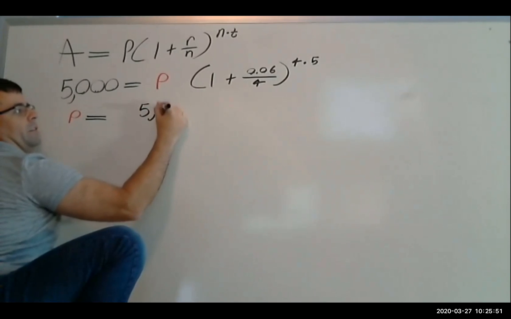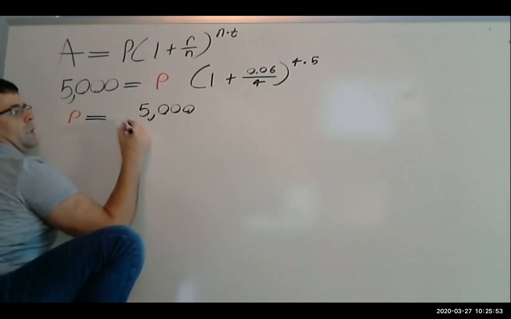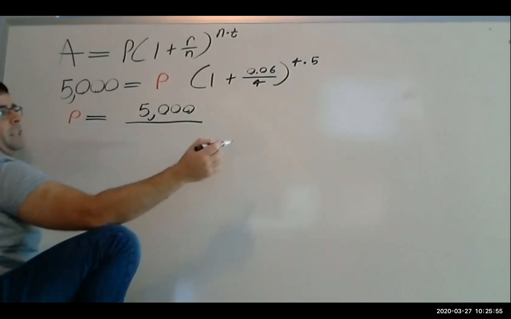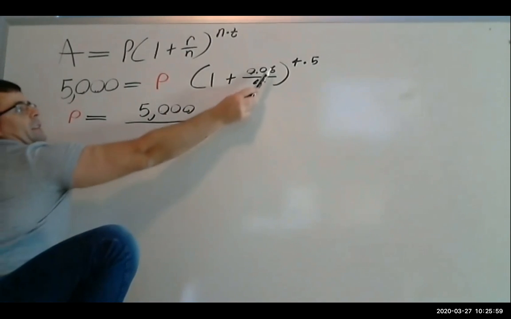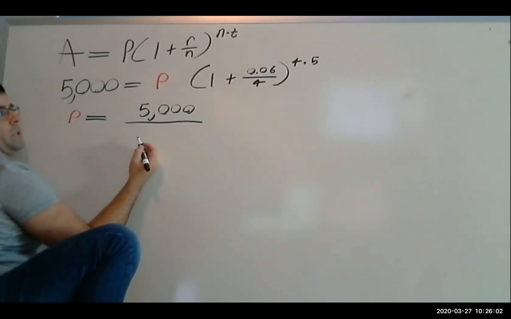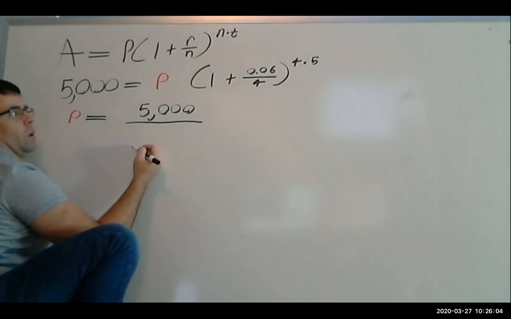So you're going to divide this thing underneath over here. So 5,000, and I'm going to simplify things a little bit. If you divide this by 4, you get 0.015.